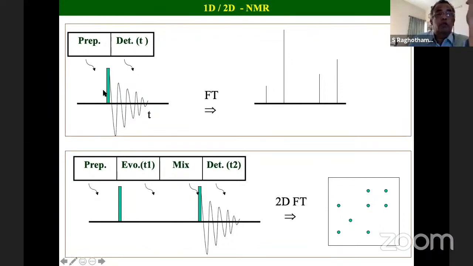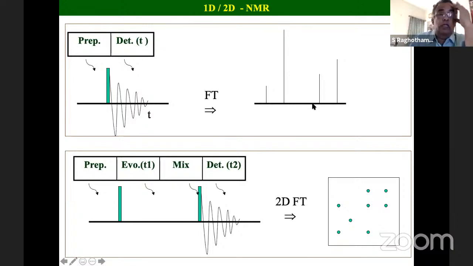As soon as you put your sample in the magnet, you have to wait for the system to get into equilibrium. That's called the preparation time. Then you send a pulse and acquire; the acquisition time is called the detection time. Now you get a time domain signal, and you Fourier transform it. That's why it's called the FT NMR technique. Once you Fourier transform this, the time domain is converted to the frequency domain, which you're all familiar with.